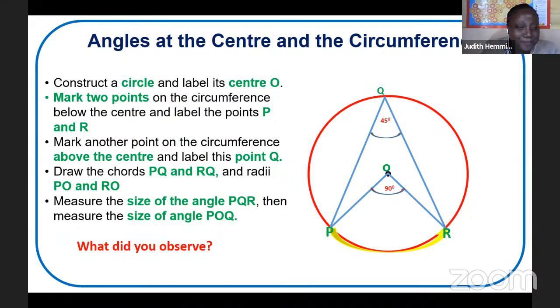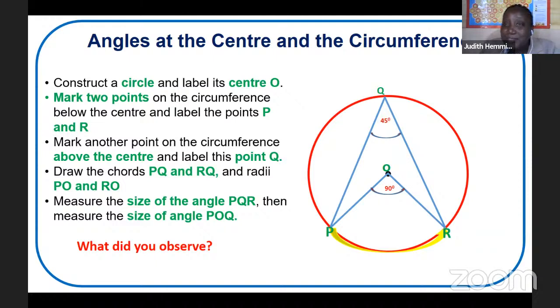All right. What did you observe? Something's supposed to jump out at you right here. Okay, Shanika is coming up and also Shante with responses. Shanika is saying that the angle at the center is twice the angle at the circumference when coming from the same arc. And Ashanti is saying basically the circumference is twice. Give that a second look, Shante.